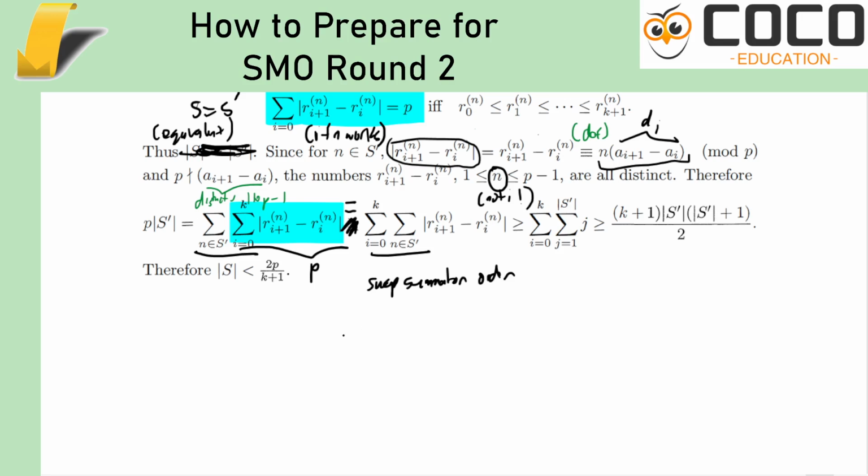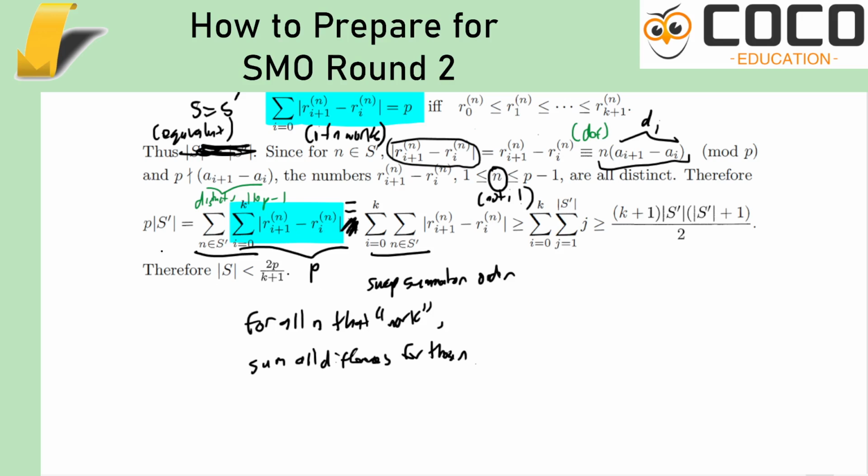This double summation is just for all n that work, and then after that sum all the differences for those n. And you can write it in two different ways.